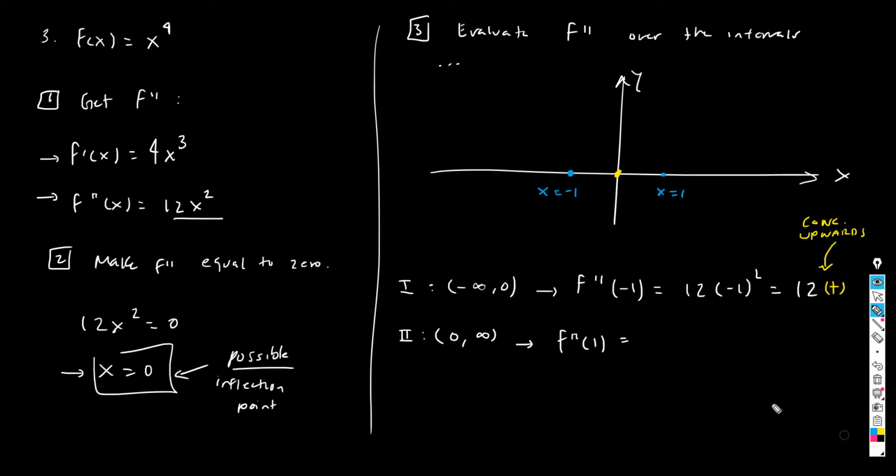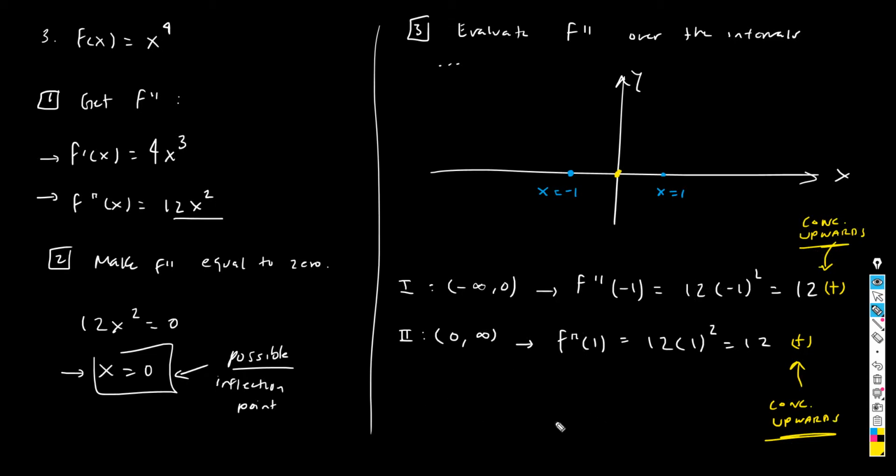And the second derivative evaluated at 1, you get 12 times 1 squared, which is 12, which is again positive, and we get the same concavity upwards.